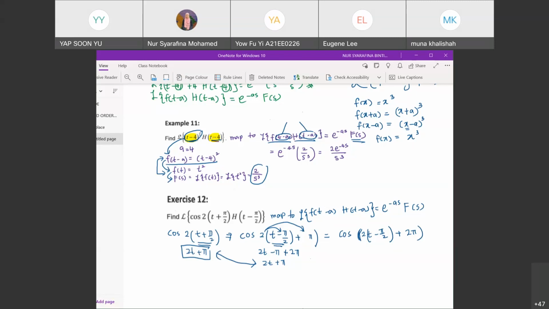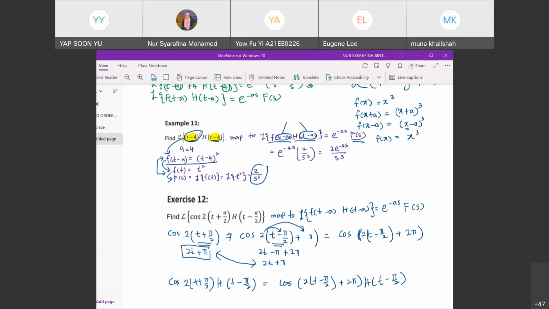Okay, so now this cos 2t plus pi over 2 h t minus pi over 2 can now be written as cos 2t minus pi over 2 plus 2 pi, h t minus pi over 2.